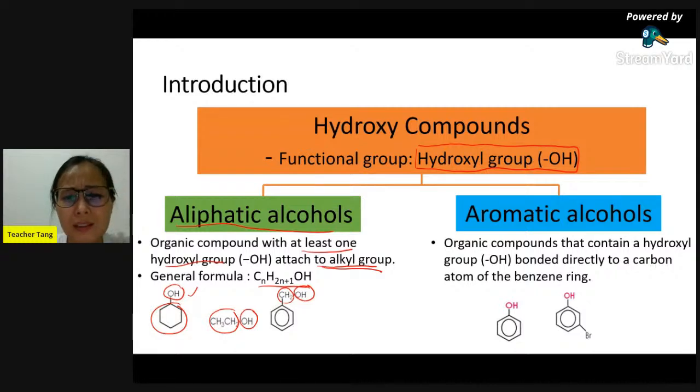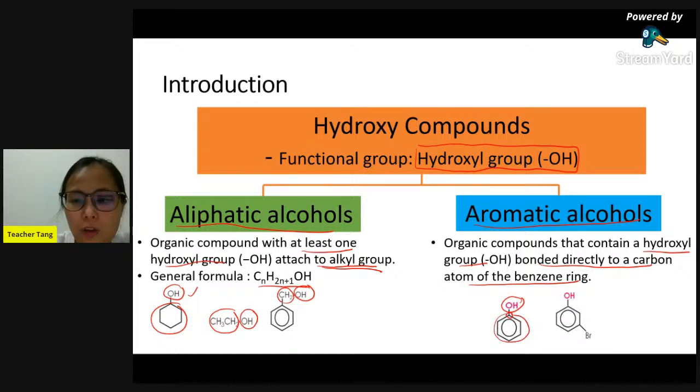Then what is aromatic alcohol? In aromatic alcohol, we have the hydroxyl group attached directly to the carbon of the benzene ring. For example, the hydroxyl group attached to the carbon of the benzene ring is aromatic alcohol.